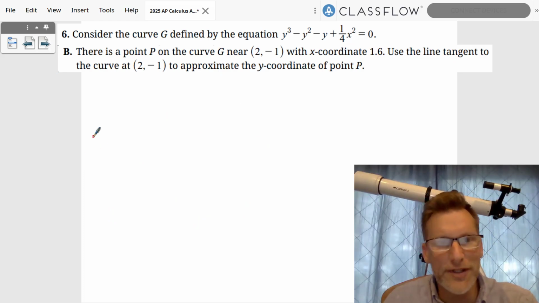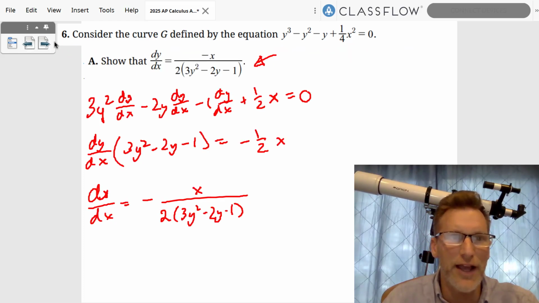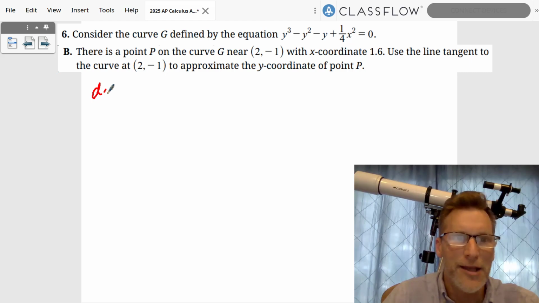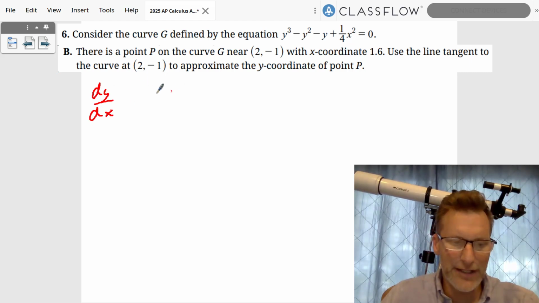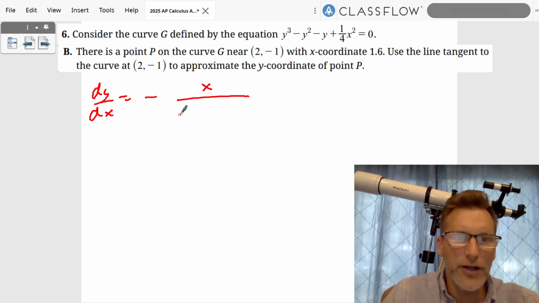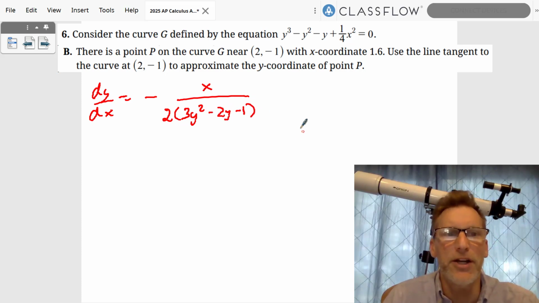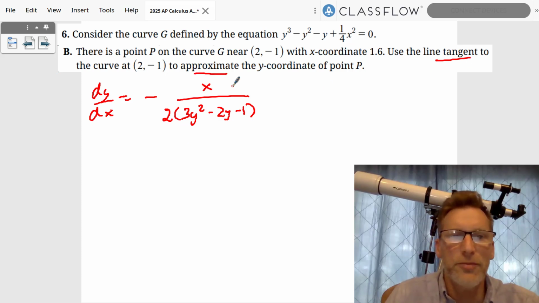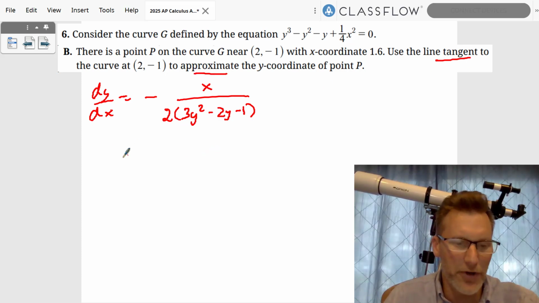Now we're going to use that differential that we just found, and I'm going to rewrite that dy over dx is equal to negative x over 2 on the numerator, and we have 3y squared minus 2y minus 1 on the denominator. And here we're going to do a line tangent approximation. How are we going to do that?